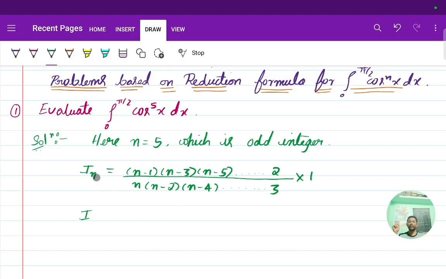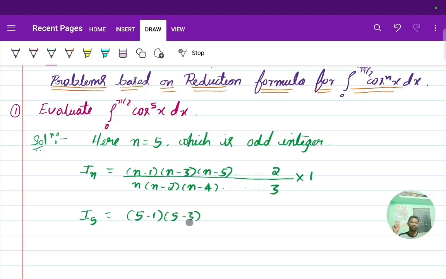Now we know that n is equal to 5. Let us write I5 is equal to 5 minus 1, 5 minus 3. What is 5 minus 3? It is 2, so no need to write the further terms, since the last number in the numerator is 2.